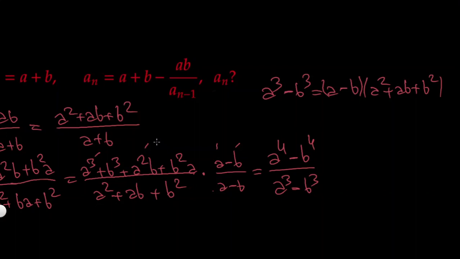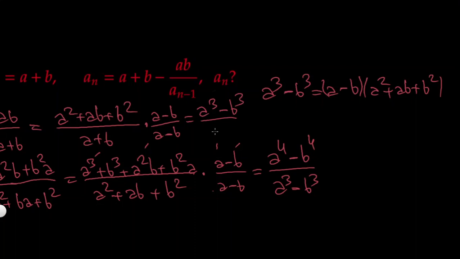Similarly, all of these will cancel. You can do the algebra part; it's just one step. So this is equal to a to the 4 minus b to the 4 over this thing. Now if I again do the same trick, multiplying and dividing by a minus b, this thing is just a cubed minus b cubed.